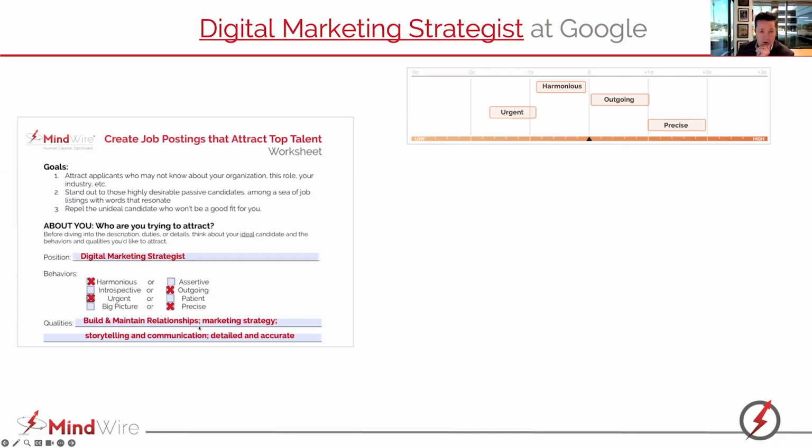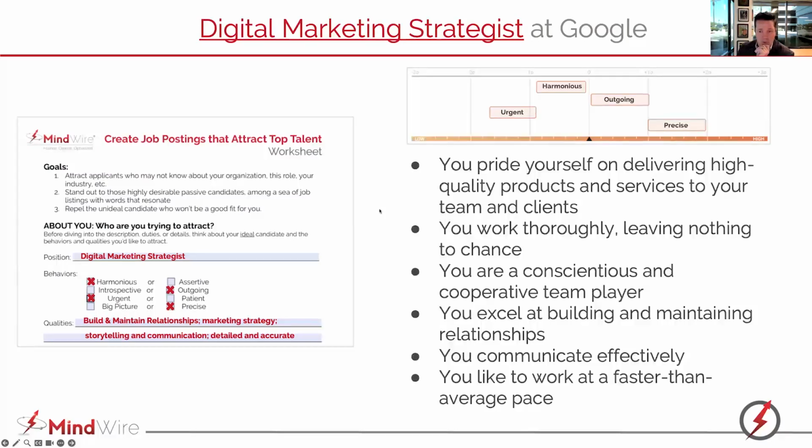Looking at the job posting, you go, they've got to do relationships, some strategy, storytelling, communications, detailed and accurate. Okay. So how could we then translate that into some words and put in about you that would start speaking to someone a little bit better, right?